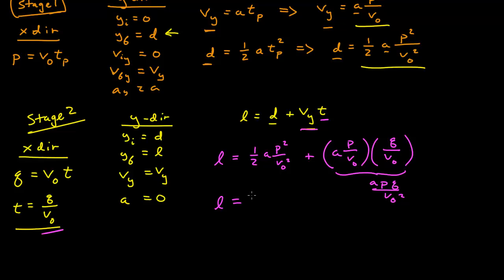So L is equal to a p over v naught squared times q plus p over 2.